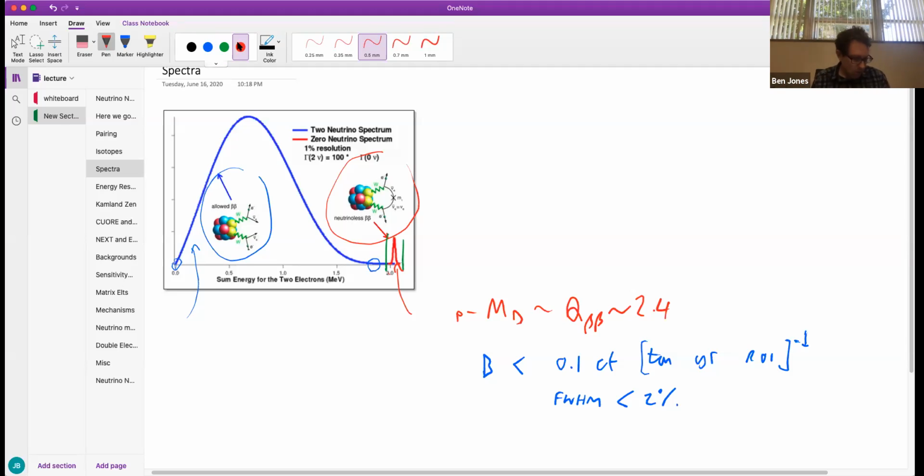I mean, indeed, what happens is those electrons then come out and they scatter in the material. So in either neutrino-less or 2 neutrino double beta decay, you have your nucleus and then it spits out these 2 electrons. And these electrons don't just spit out into a vacuum, they immediately start colliding with things and scattering around.